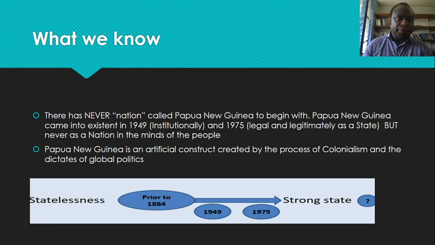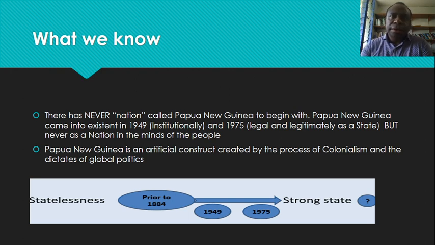So what do we know about Papua New Guinea? To begin with, we lived before colonialism. Papua New Guinea was fragmented and composed of various tribes and clans, well over 1,000 tribes and 800 different languages. So the idea is that there has never been a nation called Papua New Guinea to begin with.